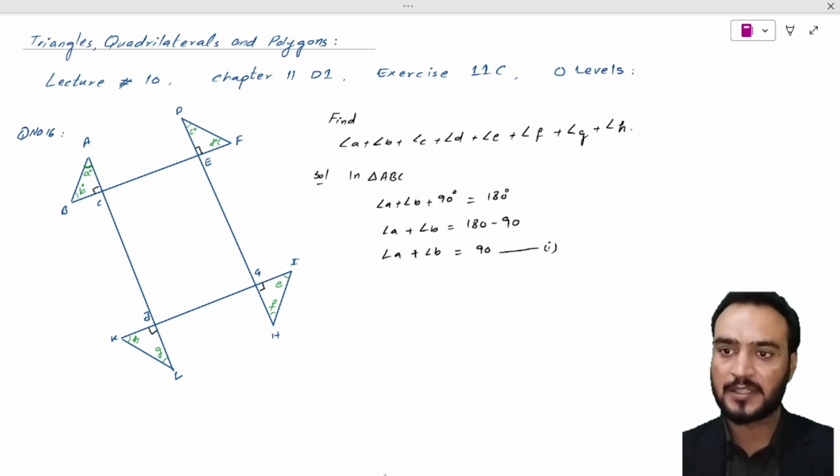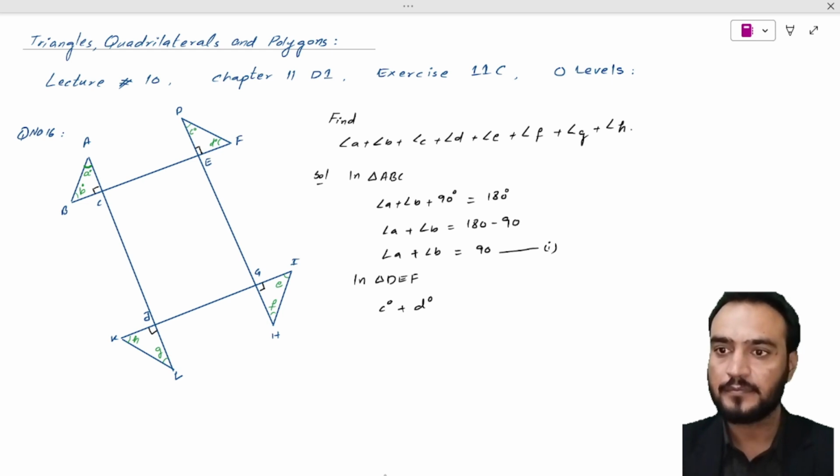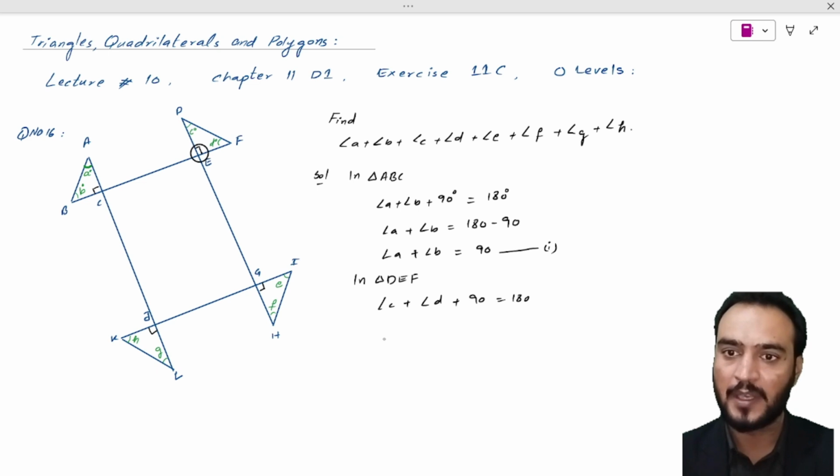Now let us consider the triangle DEF. In triangle DEF, we have three angles: angle C, angle D, and 90 degrees. So the sum of these three angles, angle C plus angle D plus 90, is equal to 180 degrees, because the third angle at point E is 90 degrees.